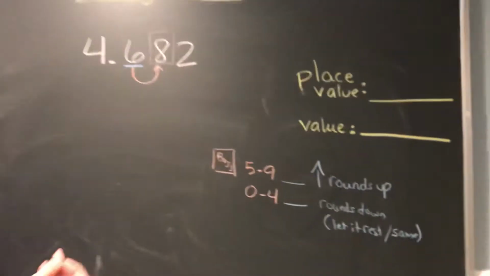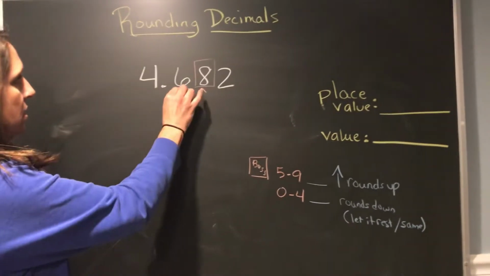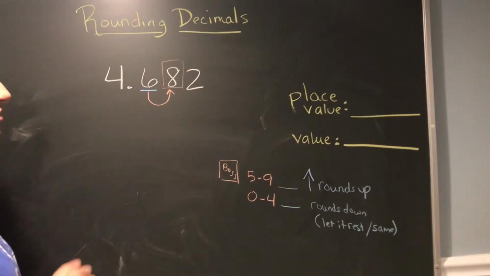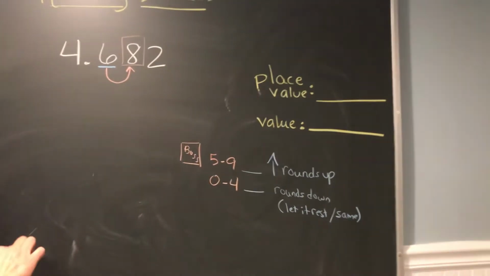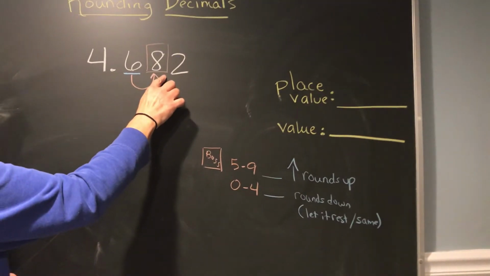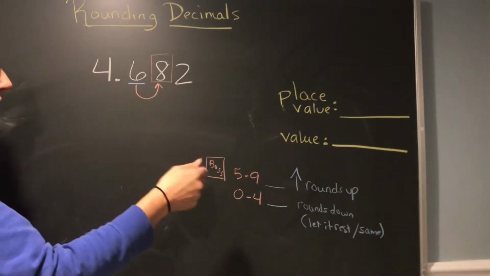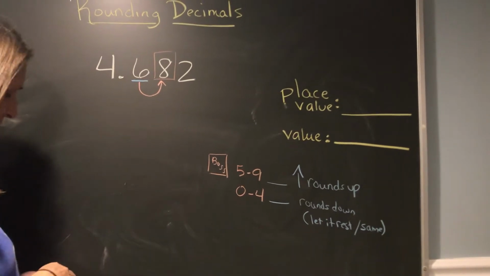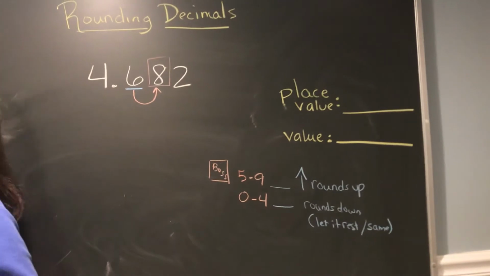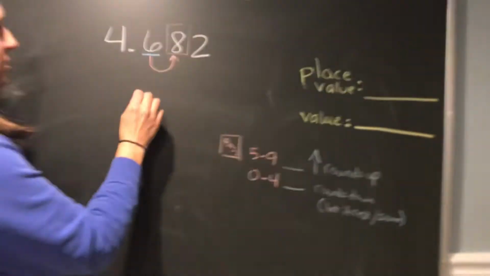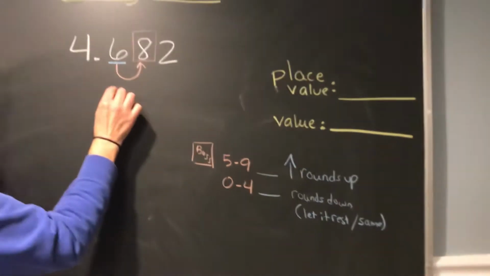Okay, so we're going to go back to this one. Find the place we're rounding to. Remember you repeated that. Look next door, check what to do. For the numbers 5 through 9, and this is 5 through 9, so we're going to round that number up. So the 6 is going to round up to a 7.